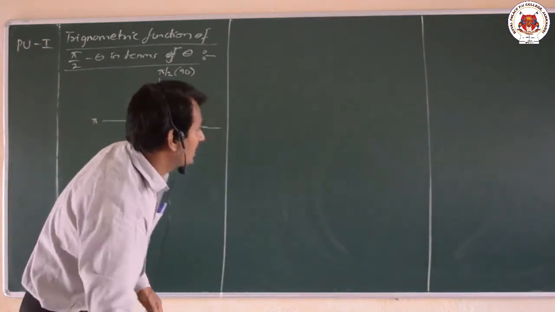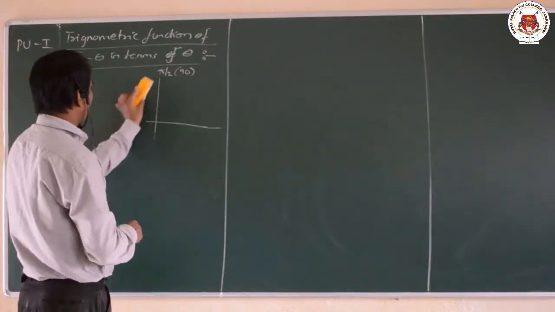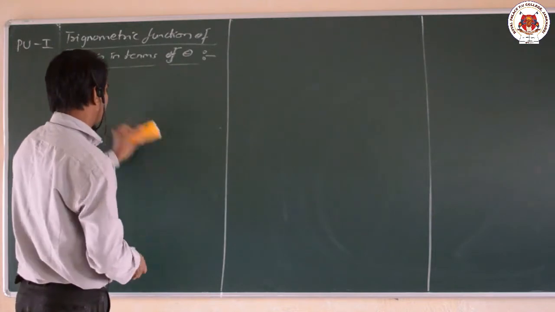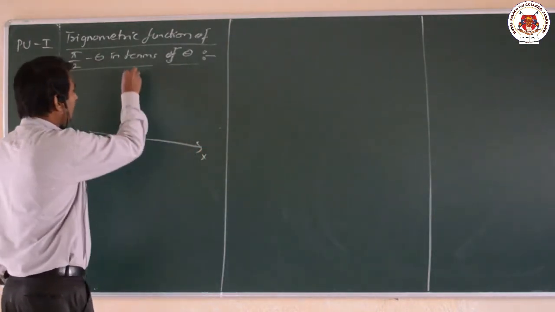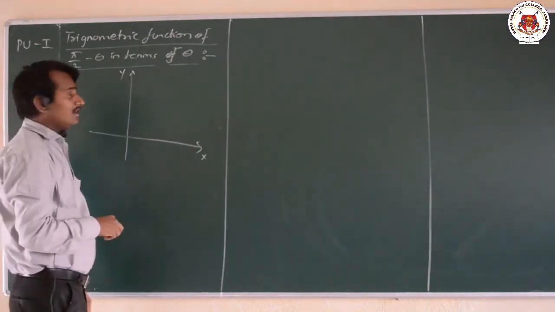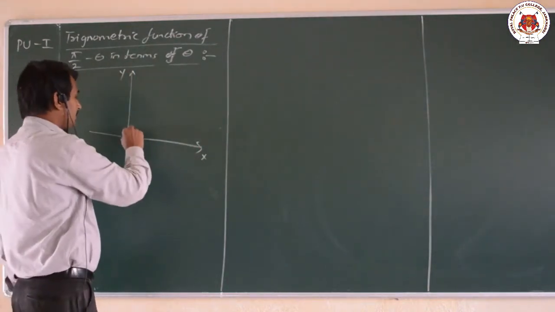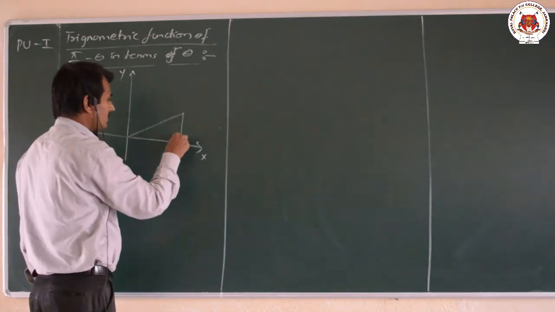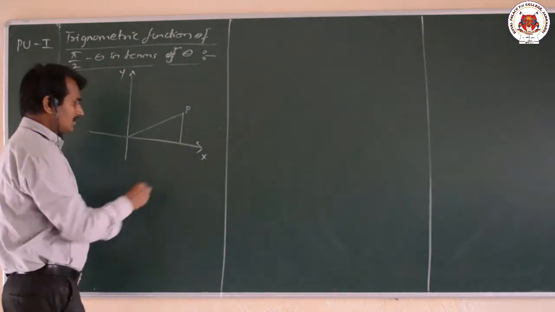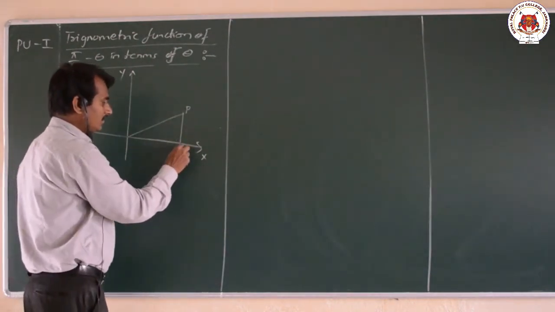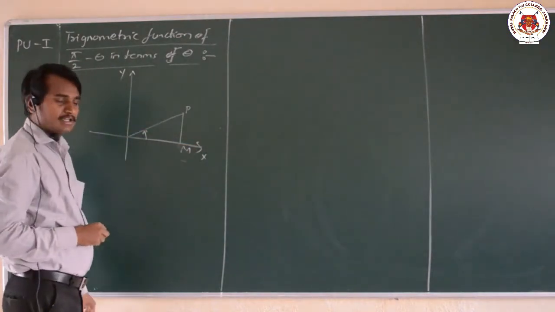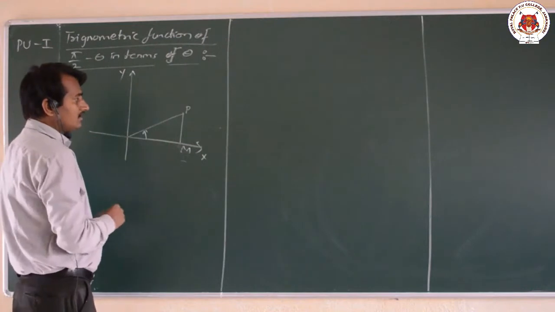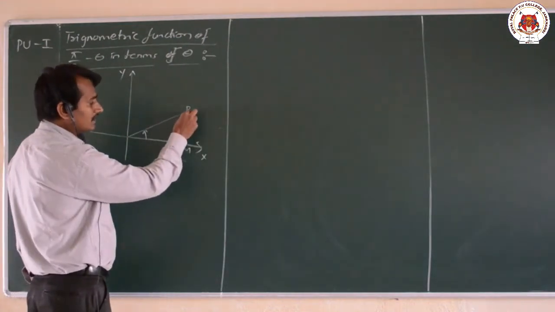Before starting with the problem, let us understand the geometrical meaning of it, how it comes. Here this is our first quadrant, x and y axis. Pi by 2 minus theta is there. Let us take the point P here, with the line OM. We are rotating with an angle of theta in an anti-clockwise direction, and hence we arrive at P here.